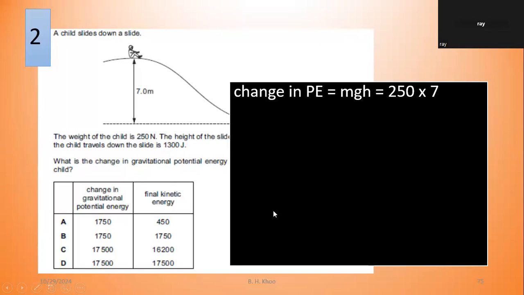Okay. Change in potential energy is mgh. Right? Initially it is mgh, and finally it will be 0. So mg is the weight, 150, times the height h. So it's 1,750 joules. Conservation of energy, right? You should be able to write down the equation.